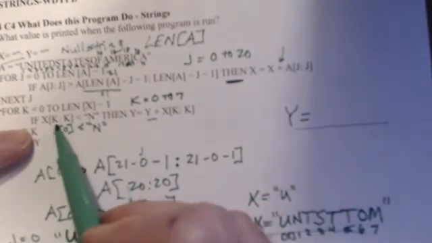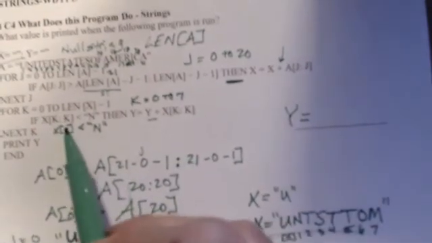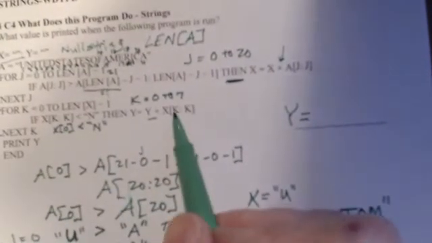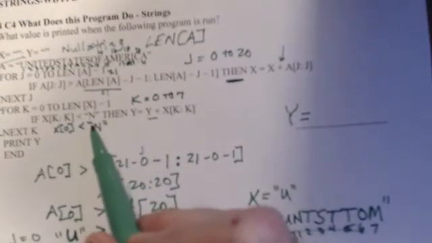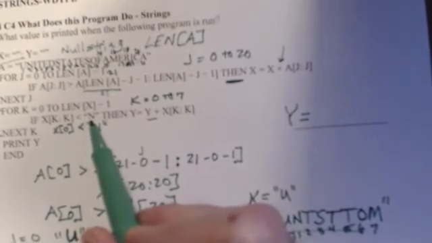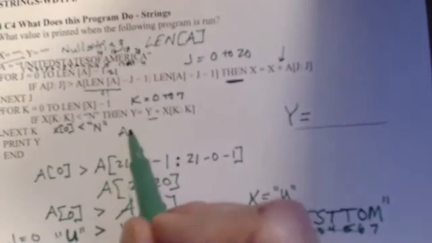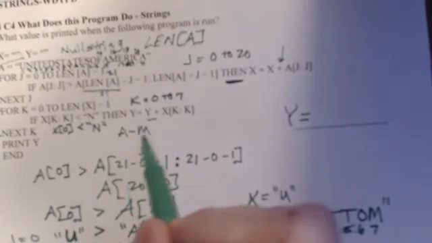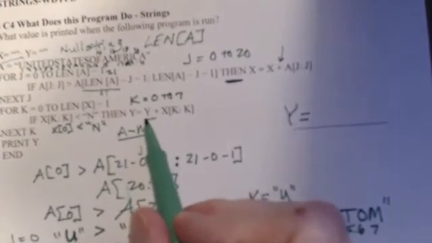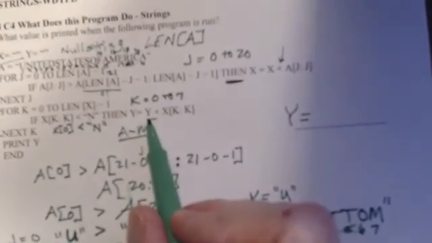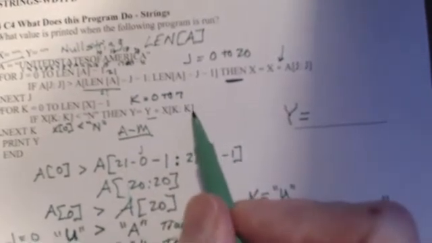And we're going to take the value of whatever X's subscript value is, not the subscript value, but the actual value where that subscript points. And we're going to concatenate it to Y as long as the character is less than N, okay? Meaning it has to come in the alphabet somewhere between A through M inclusive. If it's in the A through M range, we keep it as part of the Y string. And if not, we discard it because there's no else. We're not going to do anything if it's false, okay?